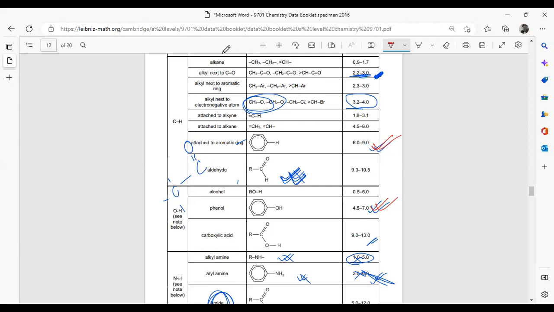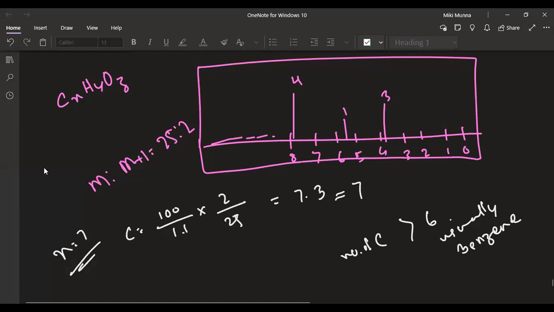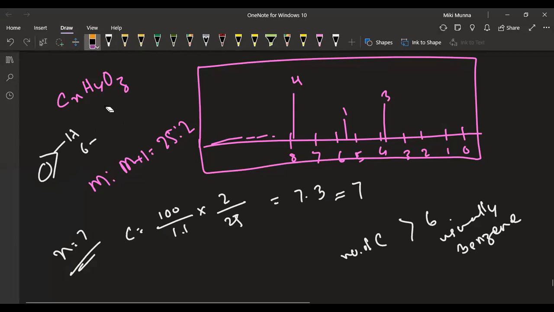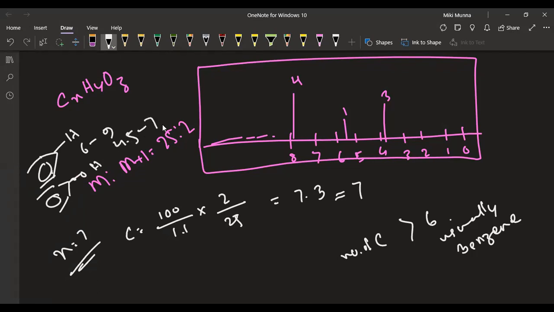So a single H in the benzene ring is in the region 6 to 9, and if it has a phenol OH, that is in the region of 4.5 to 7.